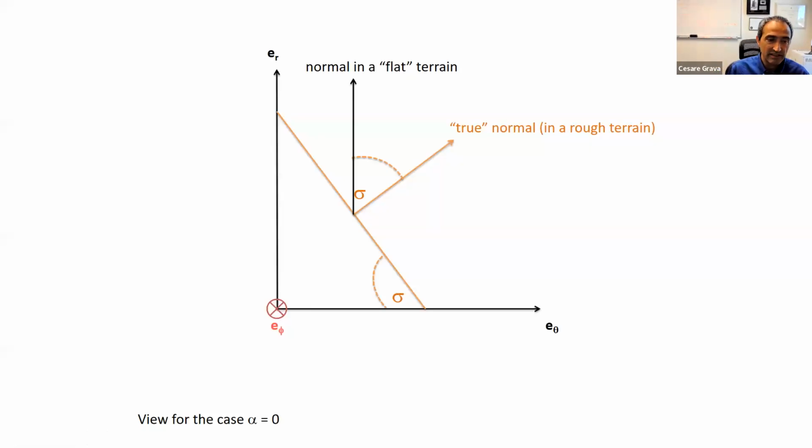And so an example of the effect of the slope: if you use a flat moon, like I used in the past, the normal is the radial direction, basically. And so you eject particles along the normal. But if you have variation due to the slope, in this case this sigma, then the normal is not anymore the radial direction, but it is tilted.